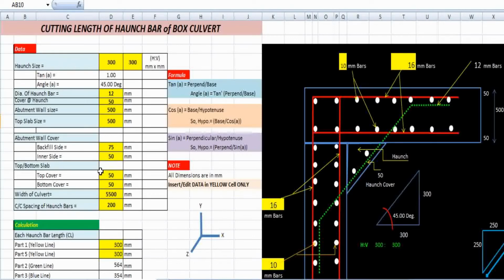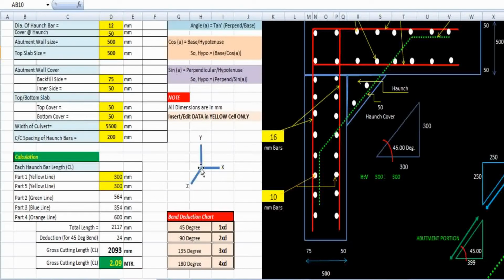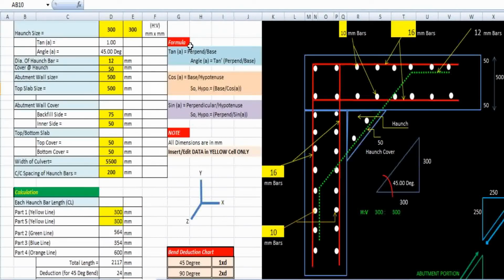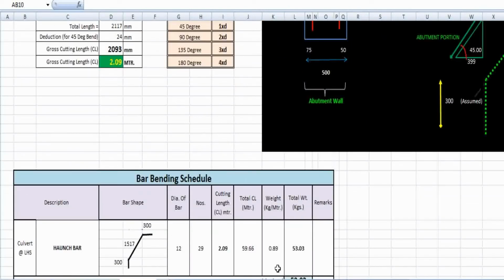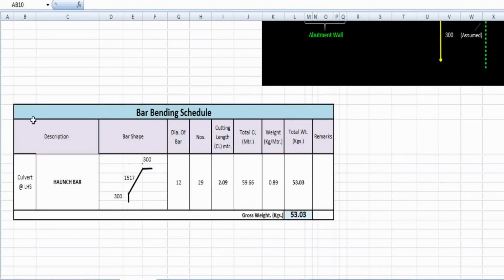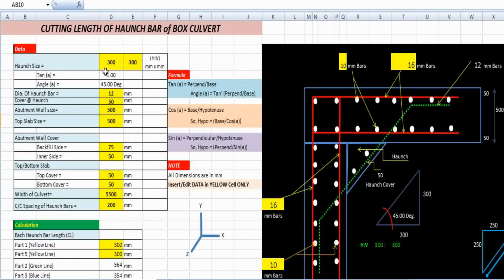Here is the data chart and here is the calculation chart, and some necessary formulas are there, and the bend deduction chart is there, and ultimately we have a summary bar bending schedule chart. So let's see it step by step. In this data chart, as you can see, insert or edit data in yellow cells only.